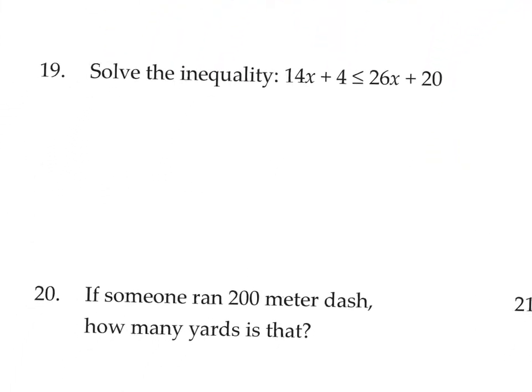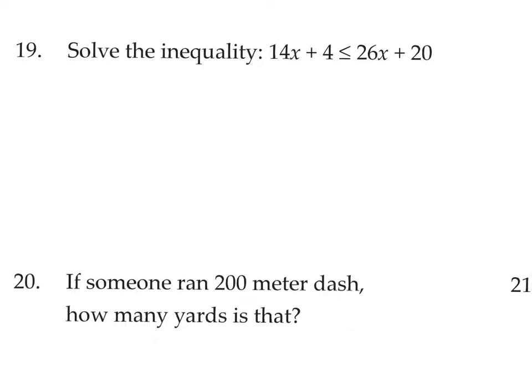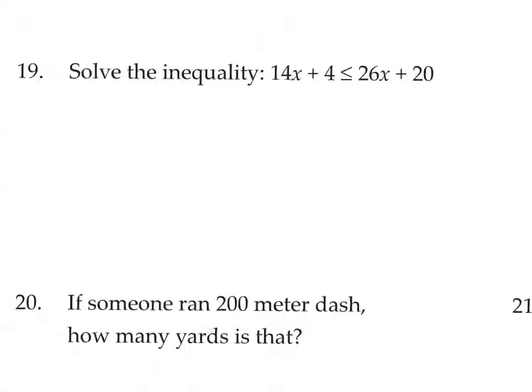On this next one, we need to solve this inequality. So that means to isolate the x. And usually with inequalities, we put x on the left. So I'm just going to rewrite the problem. 14x plus 4 is less than or equal to 26x plus 20.